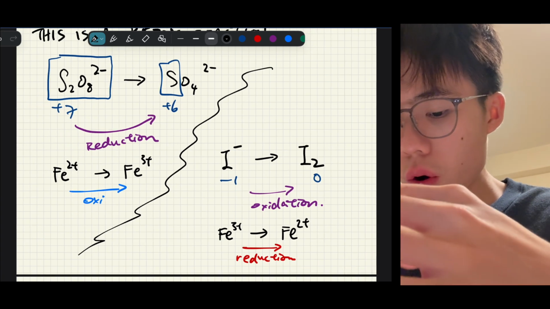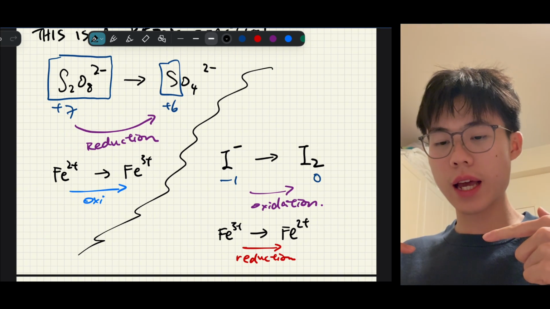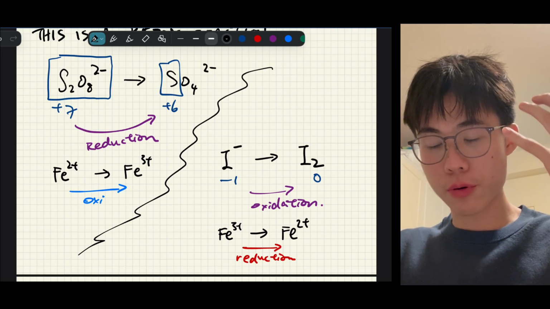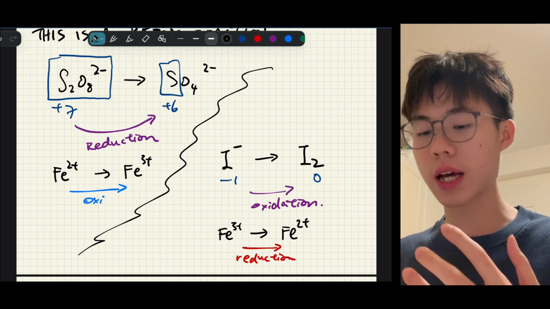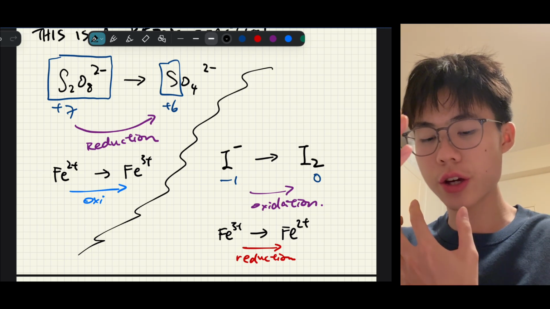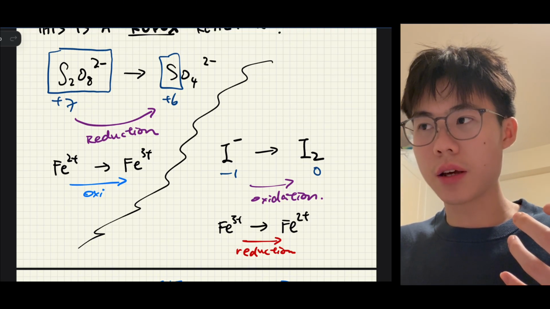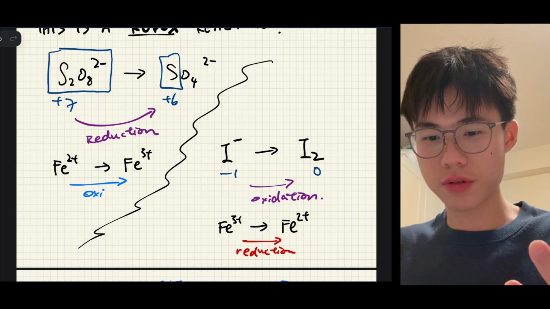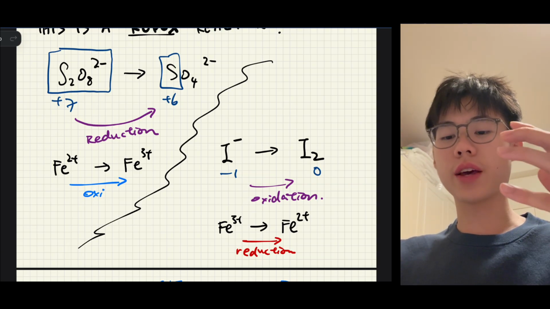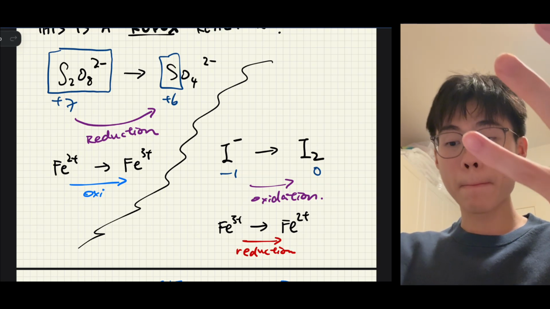And the role of iron is, instead of exchanging directly between peroxydisulfate ions and iodide ions, the peroxydisulfate ions has exchanged with iron. Iron acts as the lender of the electrons. So in this overall reaction, peroxydisulfate ions gain electrons, and iron gave away the electron first.